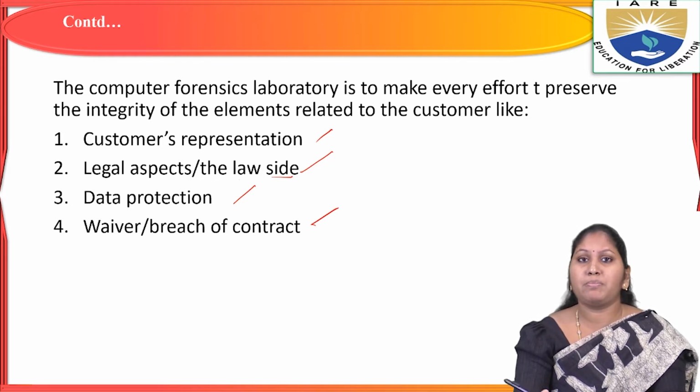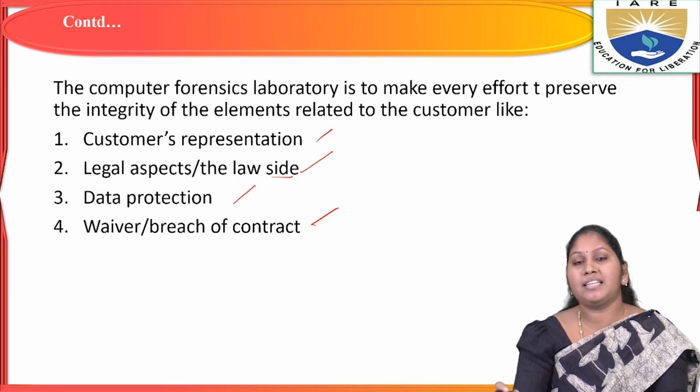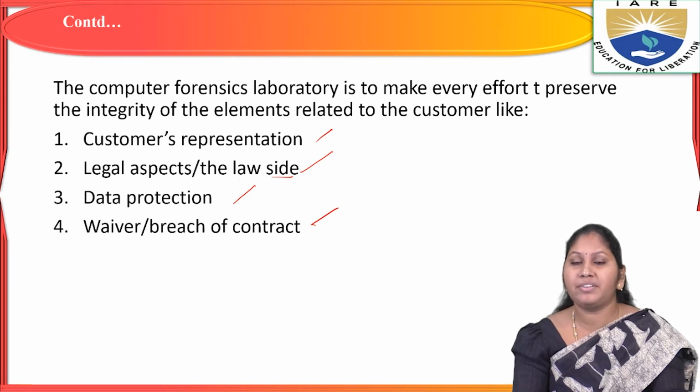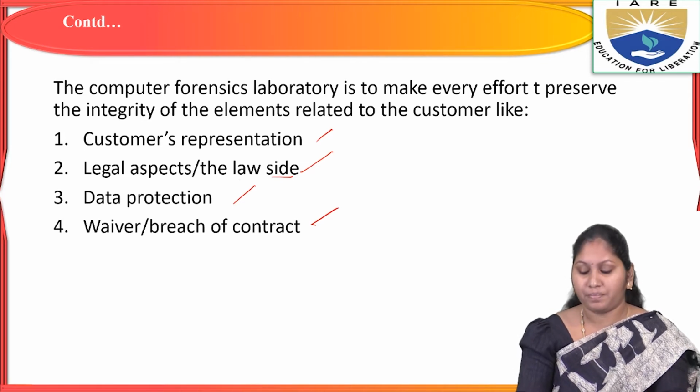People have to go through the investigation every time. These evidences should not be handed over to anyone. If anything is changed in the original evidences, that is nothing but a breach of contract. The contract will be breached at that time.